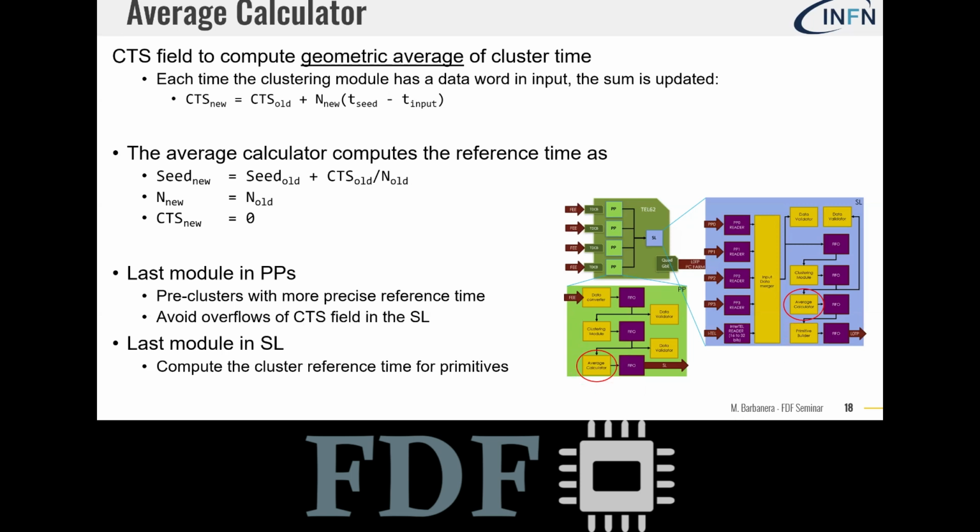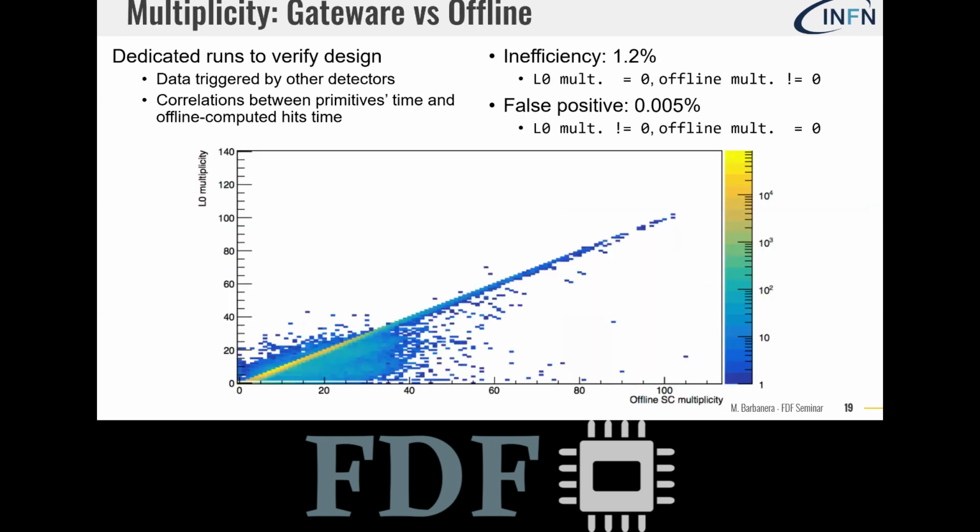So apart from simulation, we also perform dedicated runs to verify the design, and we did it in 2 ways. The first one is this plot, which is a correlation between the primitives production time, the time of the clusters in the primitives, and the time of the cluster offline.